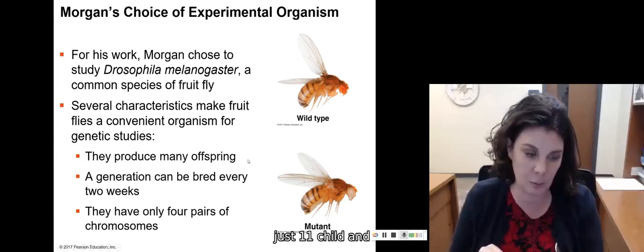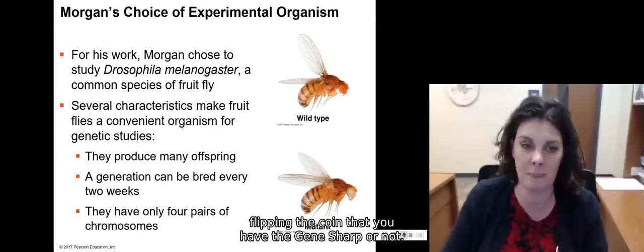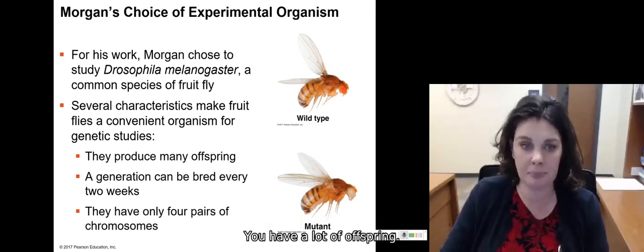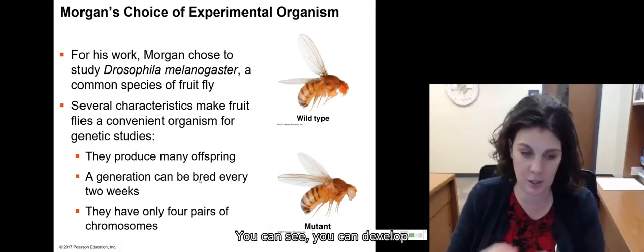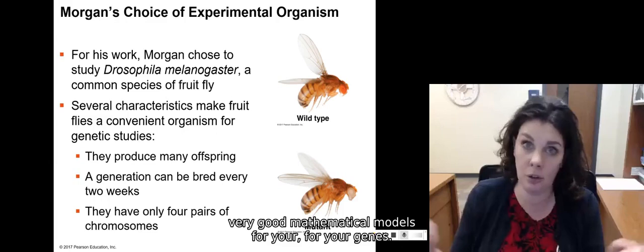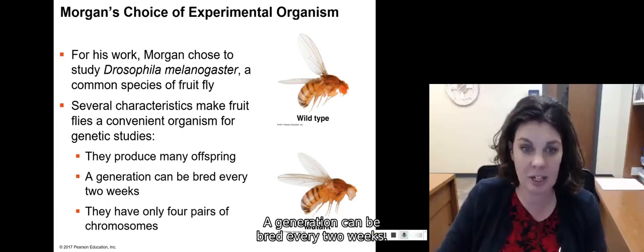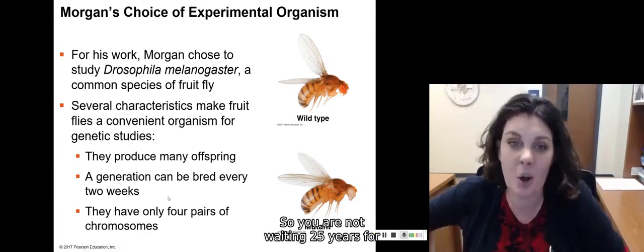For genetic studies, you want to see how genes are passing on to their offspring. They have a lot of offspring, so that makes it easy to study. Instead of just one child and flipping the coin on whether the gene shows up or not, you have a lot of offspring, so you can develop very good mathematical models for your genes. A generation can be bred every 2 weeks.